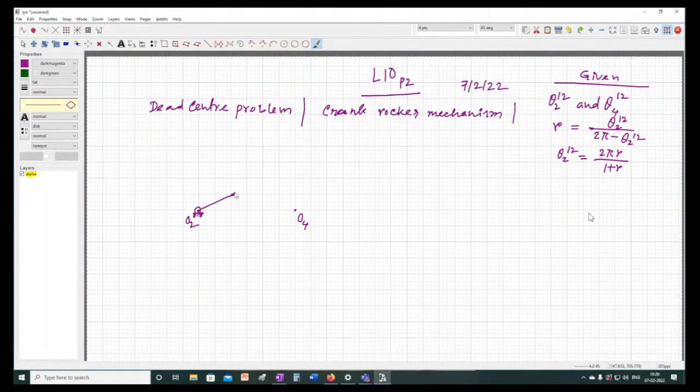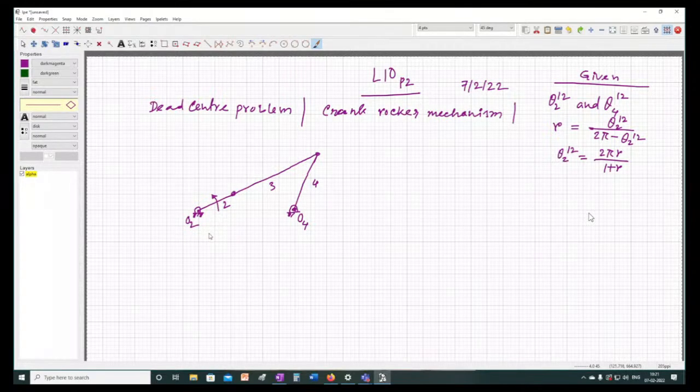So one of the extreme positions is this one. In this position, suppose link 4 is here. This is O4, this is link 4, 2, 3. One of the extreme positions is this. Now the crank is rotating in this direction.